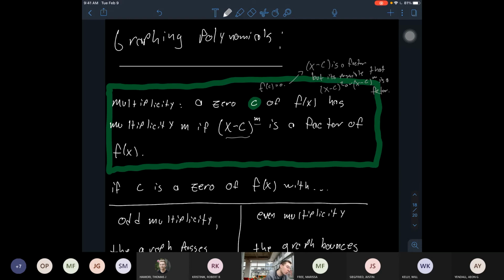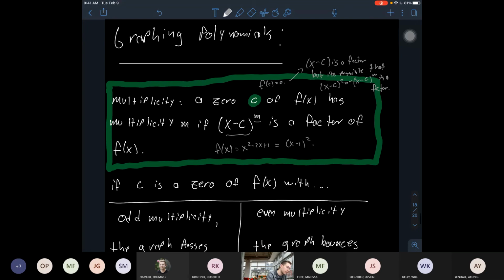So we know we have at least one power of x minus c as a factor of f of x, but it's possible for us to have multiple, okay? For example, f of x equals x squared minus 2x plus 1 is equal to x minus 1 squared. Okay, in this case, we would say that the 0 c equals 1 has multiplicity 2.